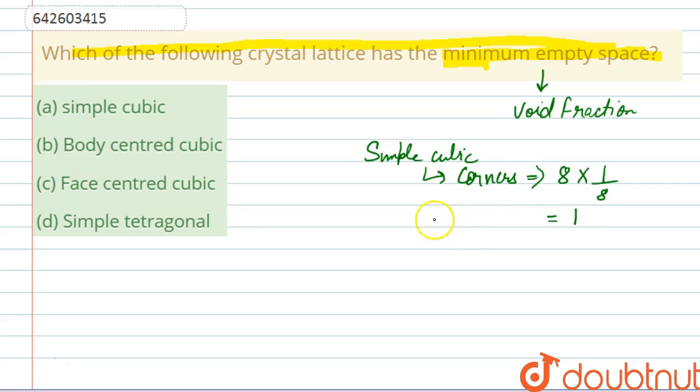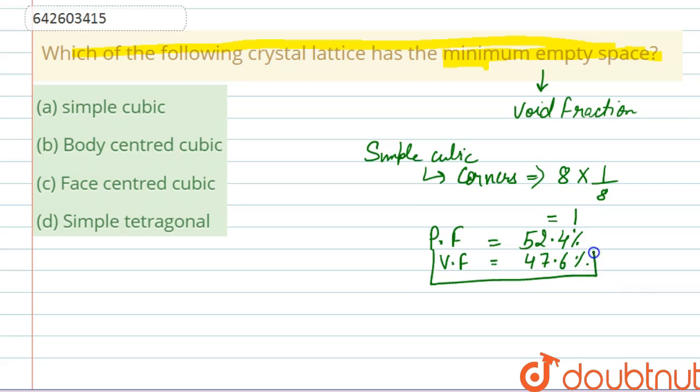Now the packing fraction, which is the volume occupied by these particles or atoms in this cubic unit cell, is equal to 52.4%. Now we have to compare the void fraction. So void fraction will be the remaining fraction, that is 47.6%. So this is the void fraction or empty space in case of simple cubic.